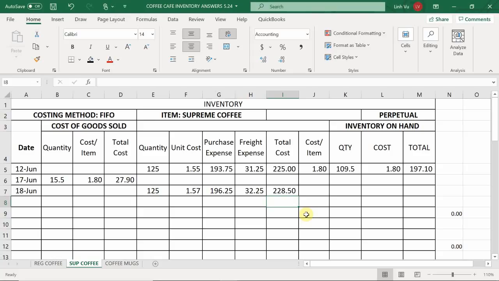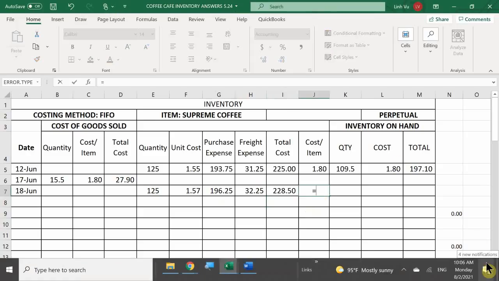Now, what costing method am I using for my Supreme coffee? FIFO. So therefore, I'm not combining this into my batch here. I'm going to keep it as a separate batch. So in this case, it's up to you if you want to figure out your cost per item here.